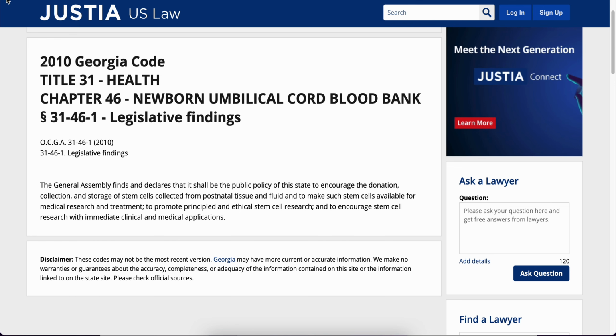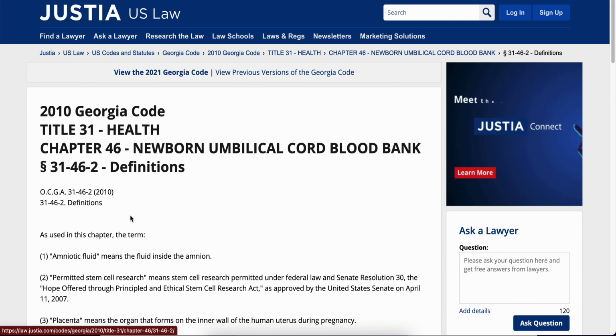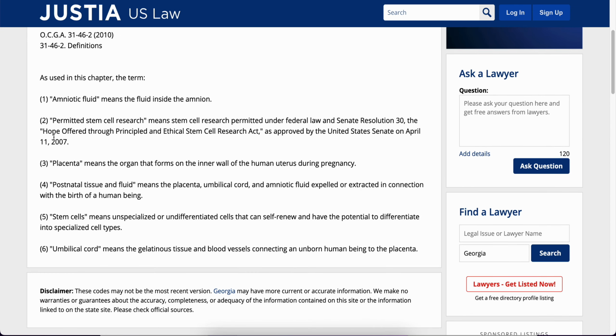Now let's go to the definitions part in this particular title and chapter. Let's see, permanent stem cell research. Placenta means the organ that forms on the inner wall of the human uterus during pregnancy. Postnatal tissue and fluid.